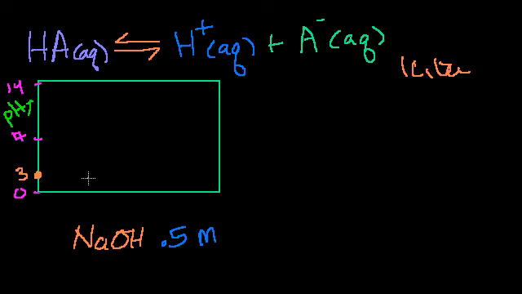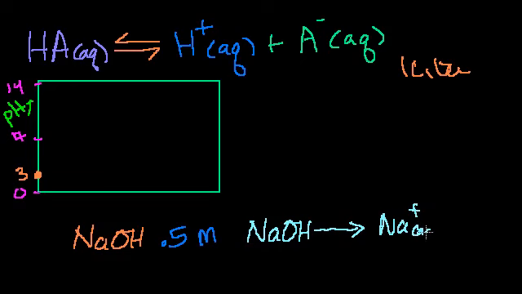So let me write the reaction of NaOH, just so you have that in your head. NaOH, sodium hydroxide, and I did this in the previous video, it dissociates completely in water. And so it turns into Na plus, all of this is aqueous, of course, plus OH minus.